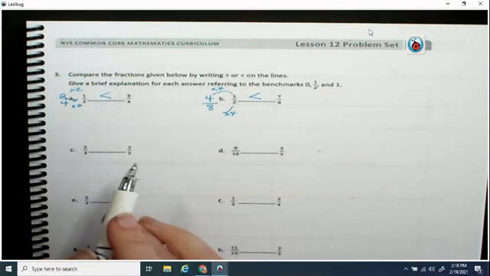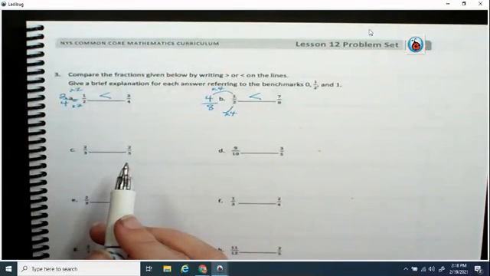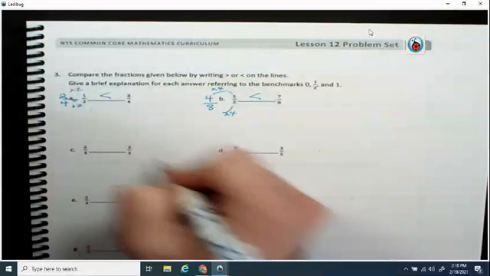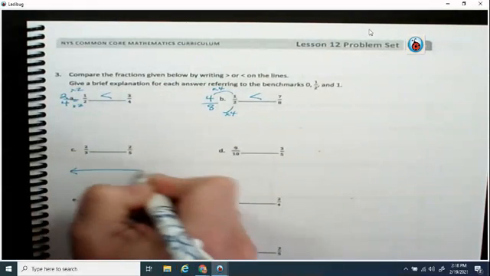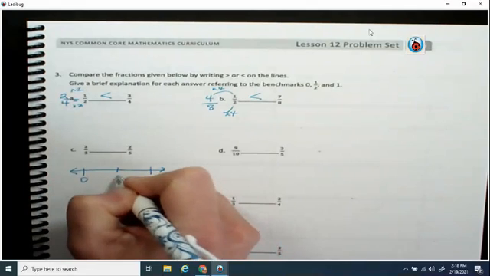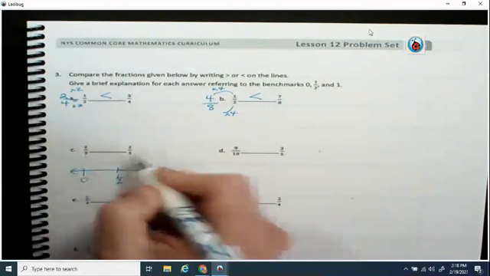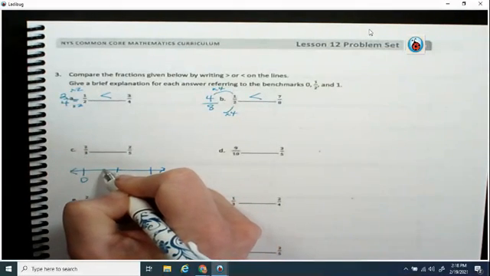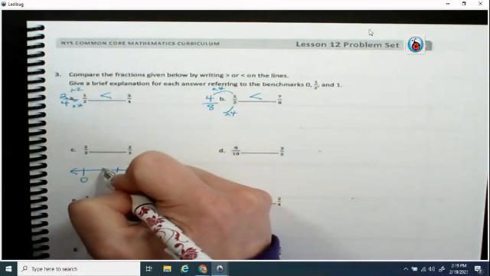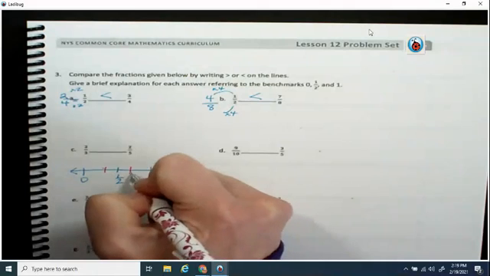3 and 5, I can't really make an equivalent fraction for these. But let's just think about this. 2/3. So if I think about where 1/2 is, 0, 1, and 1/2. Okay, 2/3 is going to be bigger than 1/2, because if I had thirds, my thirds are going to be like this, and this would be 2/3.